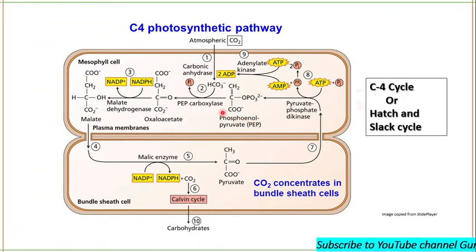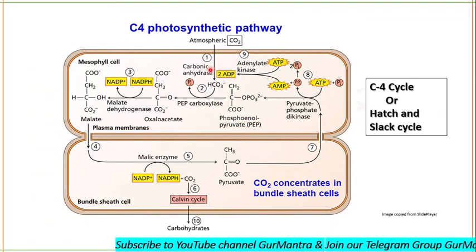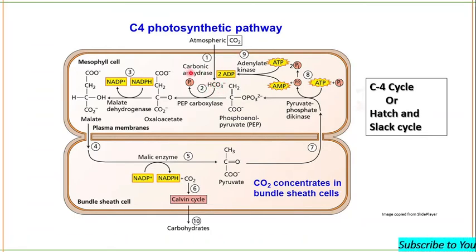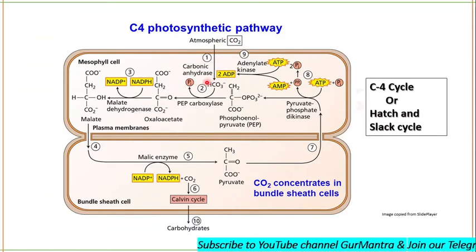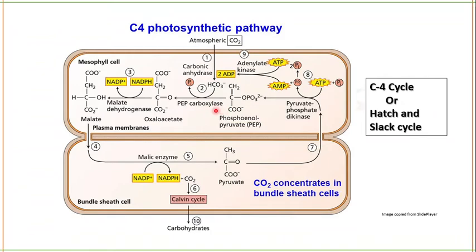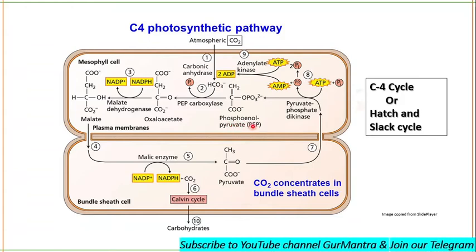Phosphoenol pyruvate will be acted upon by PEP carboxylase. Actually, this carbon dioxide gets converted into hydrogen bicarbonate, with a water molecule also, in the presence of carbonic anhydrase. PEP carboxylase will incorporate the carbon dioxide into phosphoenol pyruvate.